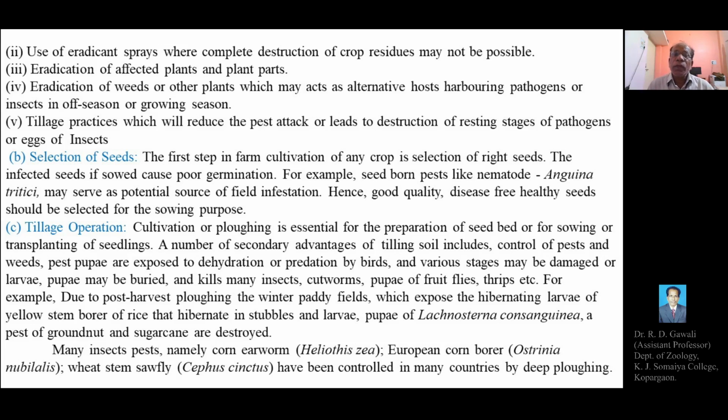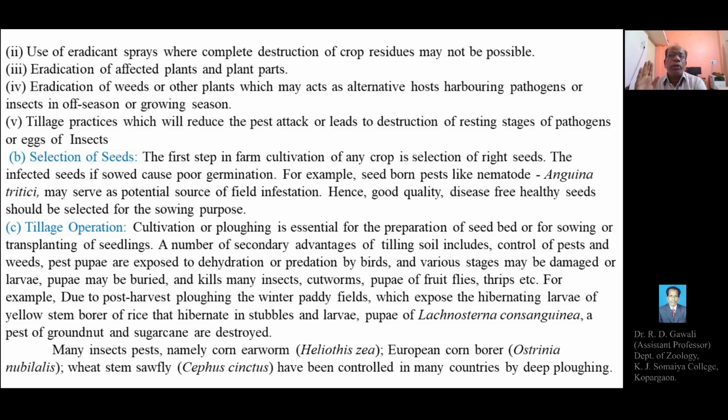Hence, good quality, disease-free, healthy seeds should be selected for the sowing purpose. Proper selection of the seeds is of great importance, because there may be stages of the pest or the pathogens in the seeds.